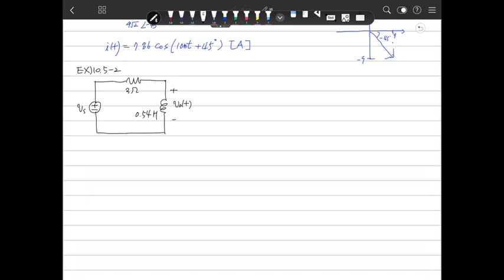The question: when Vs(t) is 7.28 cosine(40t plus 77 degrees) volts, what is Vout? So it's a very simple problem. We can redraw the circuit. So I can do that.